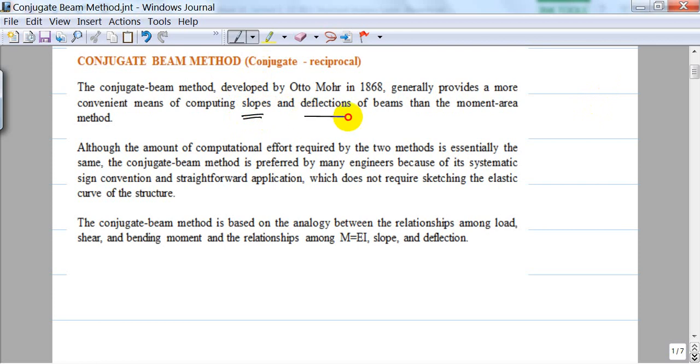I understand that you have been studying about beams and how to determine the deflection and slope of a beam using the double integration method in the last few lectures, and this lecture is basically on how to determine slopes and deflections of a beam using the conjugate beam method.